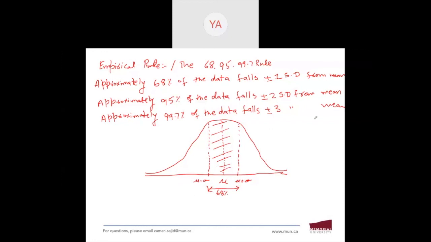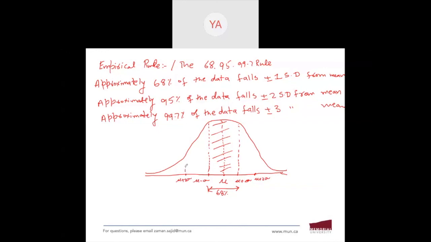Now the second rule says approximately 95% of the data falls within plus minus 2 standard deviations from the mean. So this is my mean here, and I need to go plus 2 standard deviations and minus 2 standard deviations from the mean. I add the equal distance, approximately, so this will be mu plus 2 sigma on the right side, and the same distance on the left.